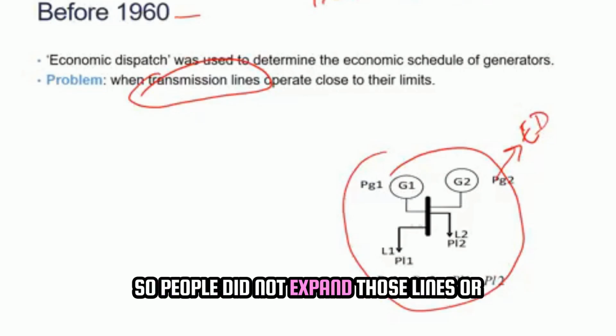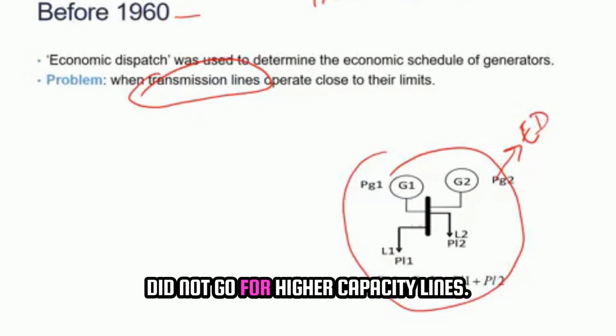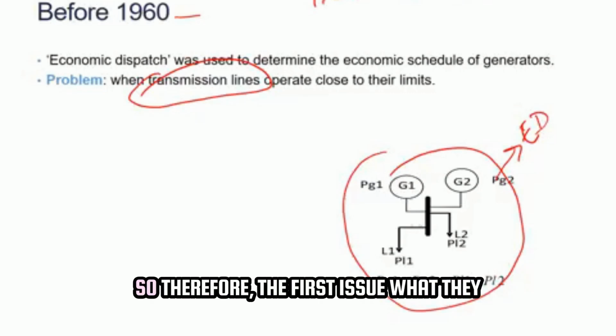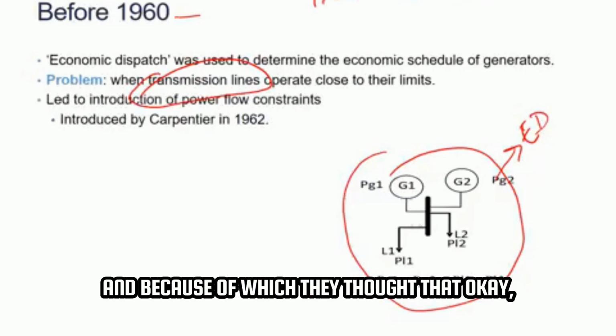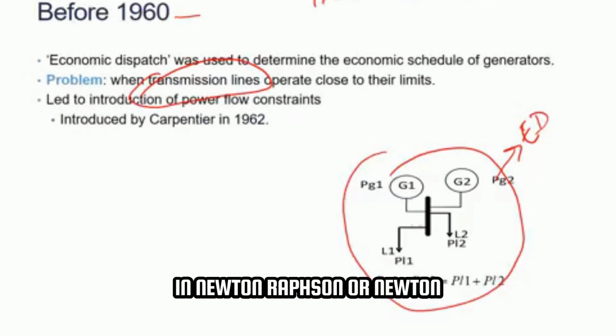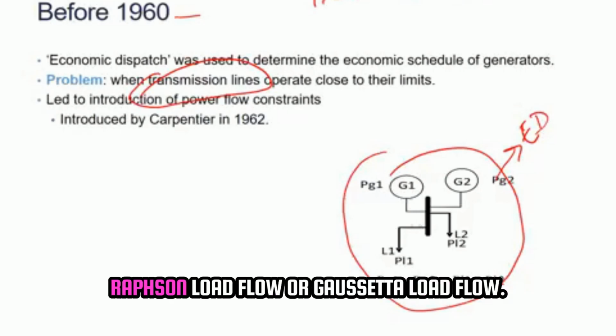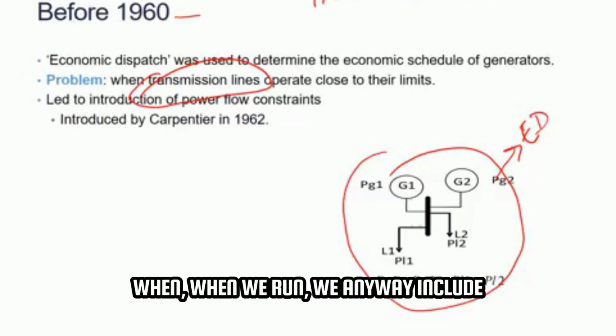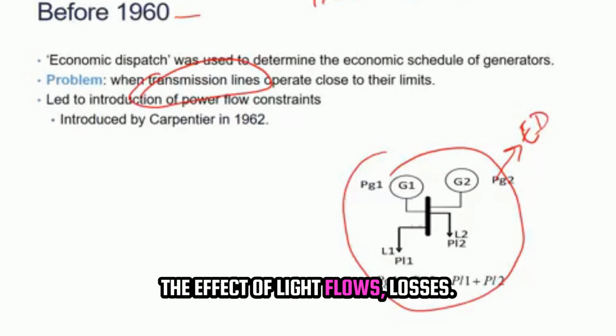People did not expand those lines or go for higher capacity lines. So the first issue they faced was with the transmission lines, and they thought, okay, in Newton-Raphson load flow or Gauss-Seidel load flow, when we run it, we anyway include the effect of line flows and losses.